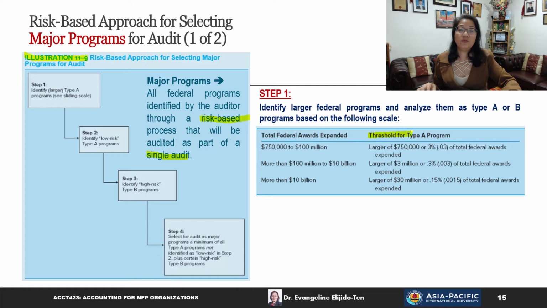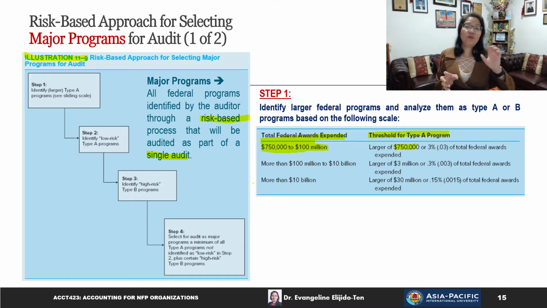The threshold for Type A program depends on the total award expended. So, if the total federal award expended is between $750,000 to $100 million, the threshold for Type A program would be the larger of $750,000 or 3% of the total federal award expended.